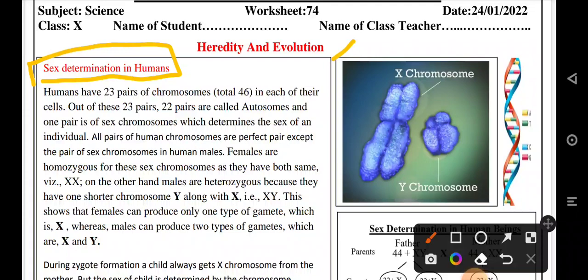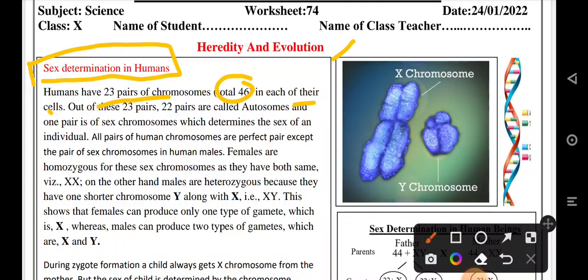So, let's start. As we know, humans have 23 pairs of chromosomes, 46 in total, in every cell.